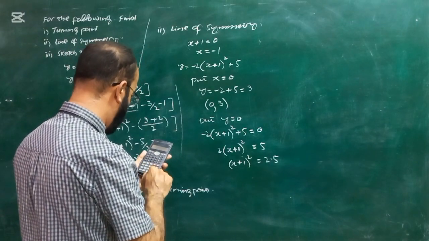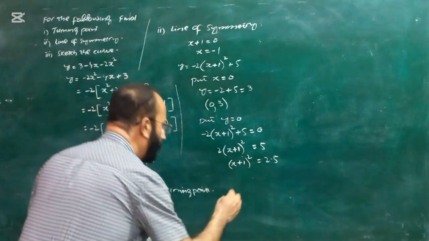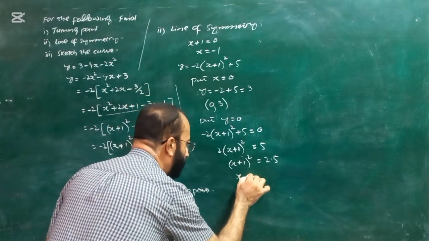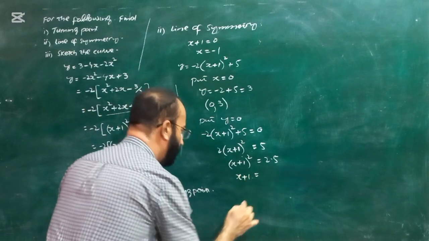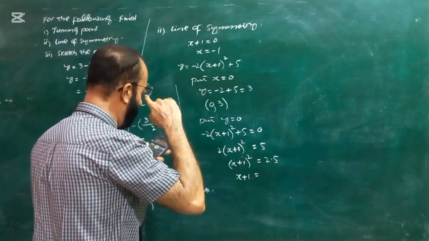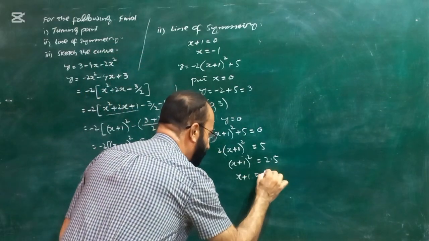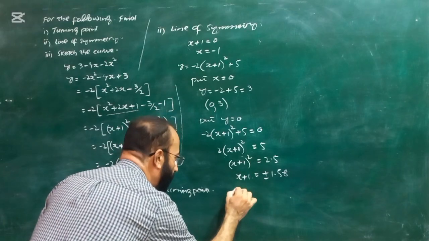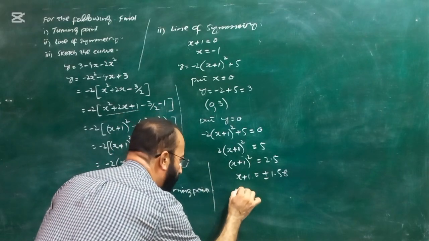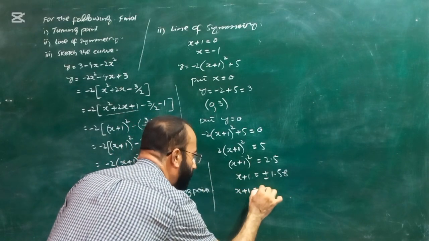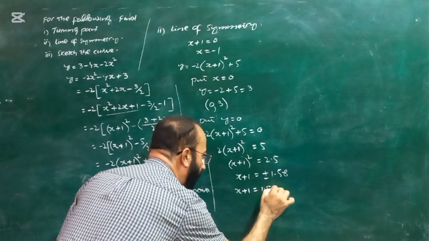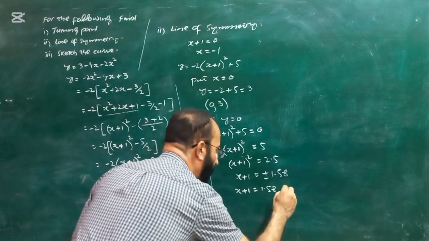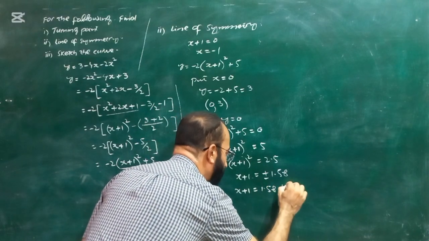So 2.5. So x plus 1 equal to 1.58 plus minus 1.58. Take this factor one time equal to positive value and second time equal to negative value.